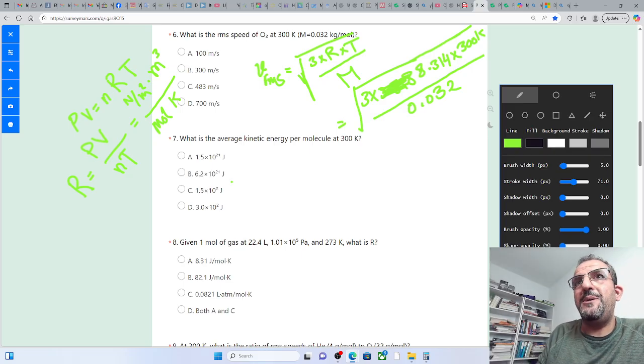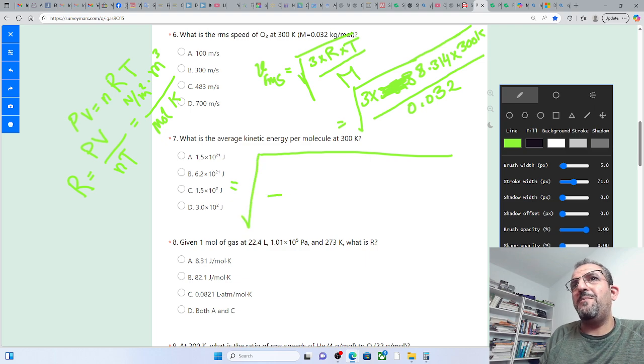So what I'm going to do here, I'm going to write a big square root, and maybe that's going to help you guys to work better with units. So you have 3 times 8.314. I have Newton per meter squared, per meter cubed.